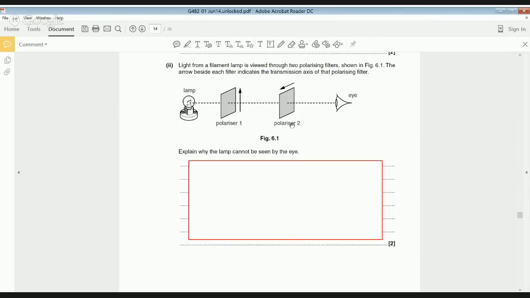So after passing through polarizer 1, light is vertically polarized.